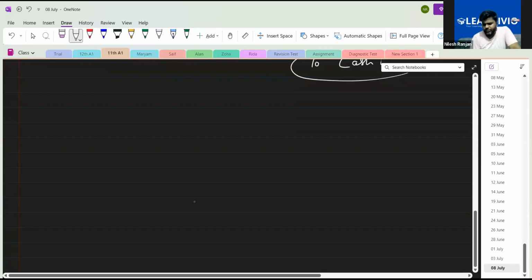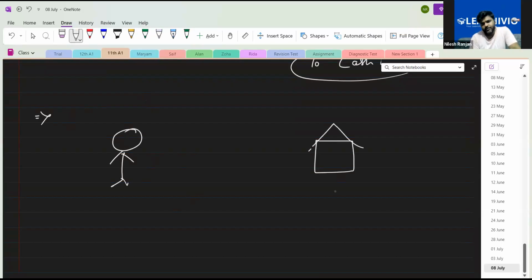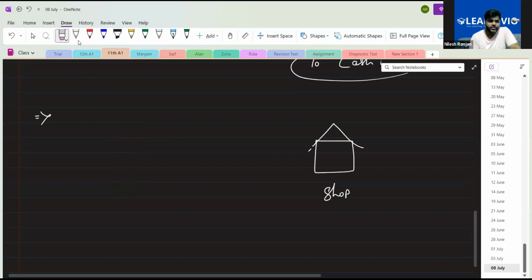Now you have seen business transactions, or sometimes you have also purchased something from a shop which gives bills or invoices. So this is a shop, and we will take another shop here.